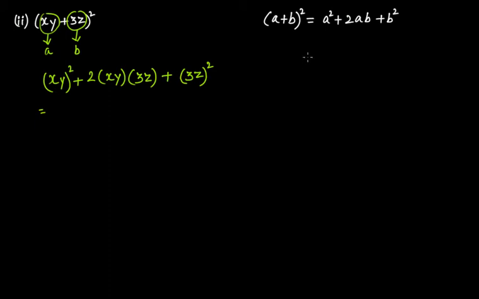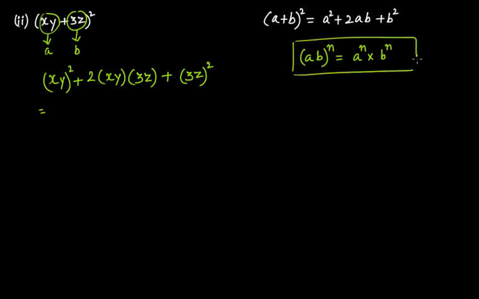This should remind you of this exponential form, that is if ab is whole to the power n, then this is actually equal to a raised to the power of n multiplied by b raised to the power of n. This is the law of exponent that we have discussed. So from here this becomes x raised to the power of 2 multiplied by y raised to the power of 2, plus 2 multiplied by 3 is 6.